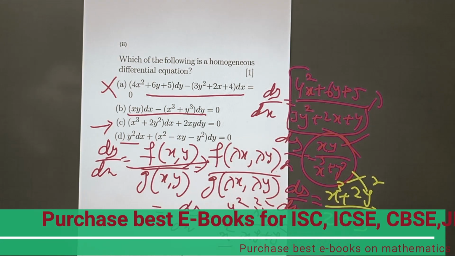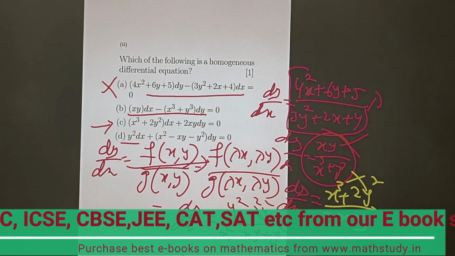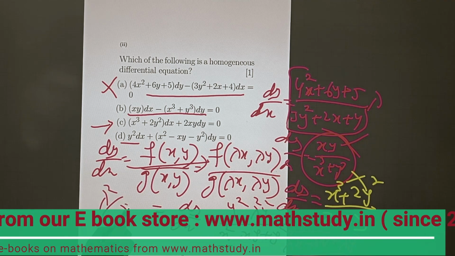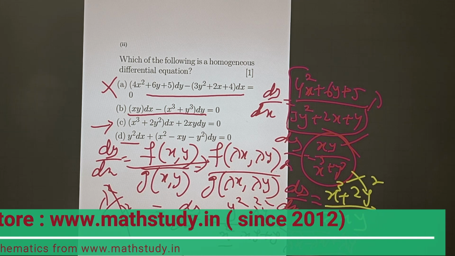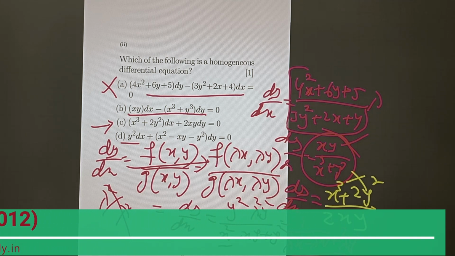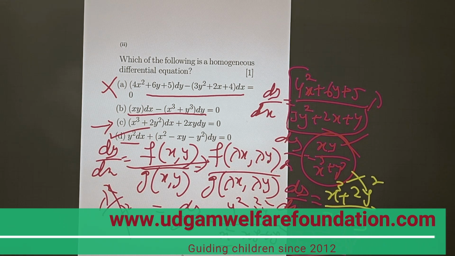We can easily take lambda square common from the numerator as well as the denominator, due to which it gets cancelled, and we get the function in x and y. Therefore, option D is the correct answer here.